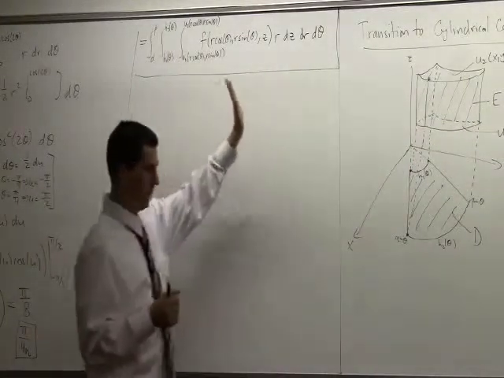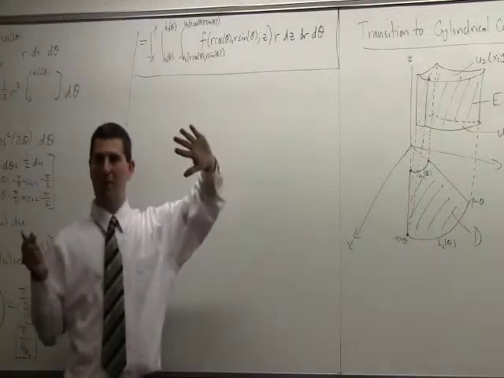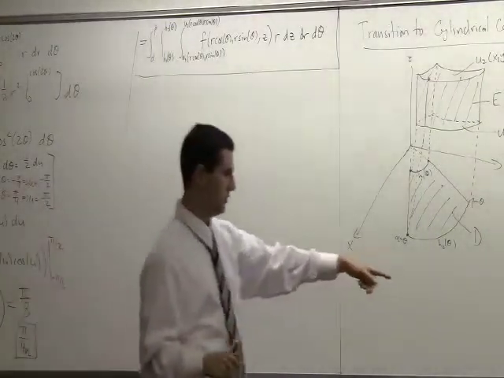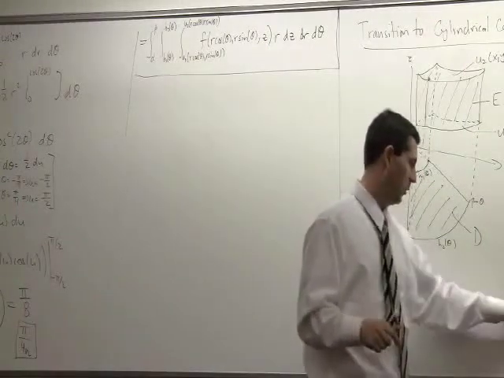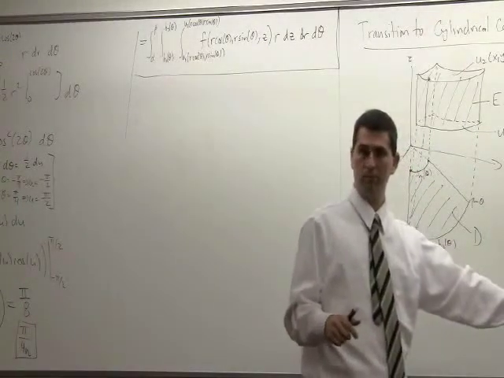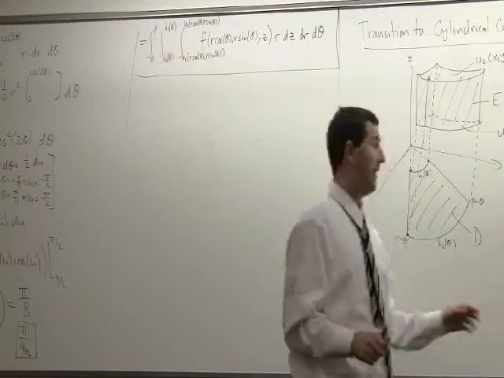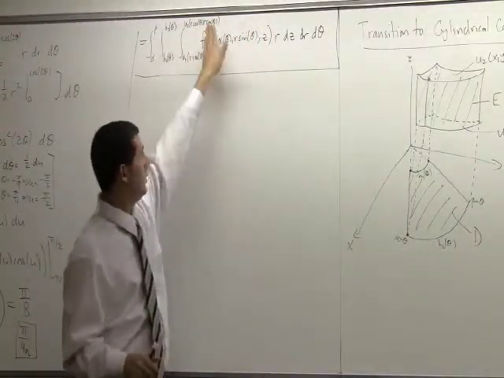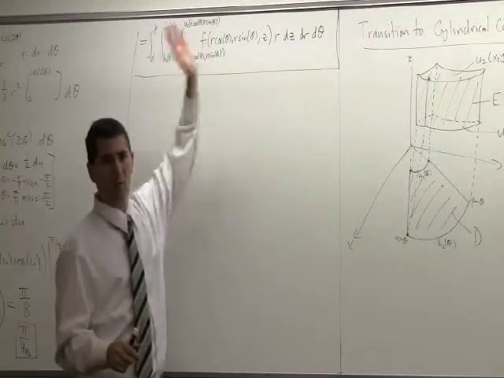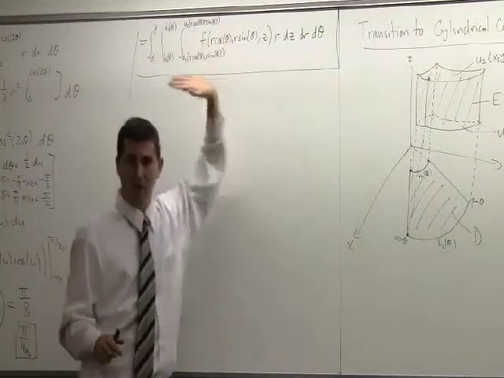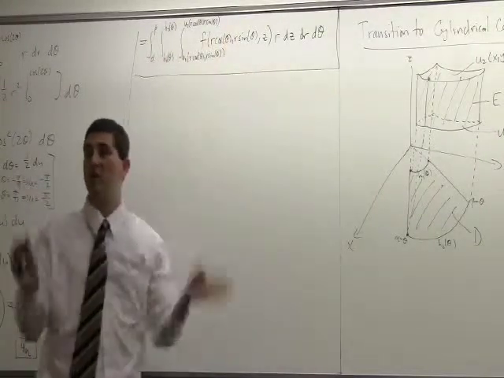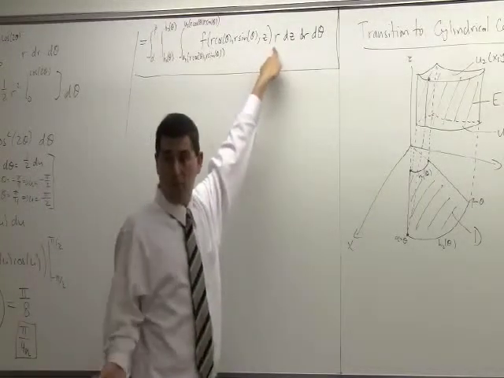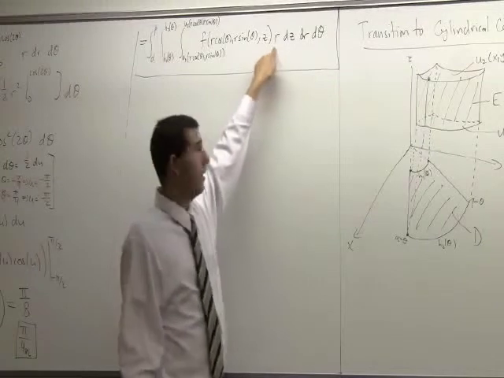You want to remember that when you convert from rectangular to polar coordinates, you use x equals r cosine theta, y equals r sine theta. Okay, you have to remember that. That way you can just plug these in. You don't have to remember this whole thing. Just remember that. You take your x's, turn them into r cosines, your y's turn them into r sines. z's stay the same. Whenever you change to polar or cylindrical, an r just shows up. You have to remember these. Add an r. Okay?